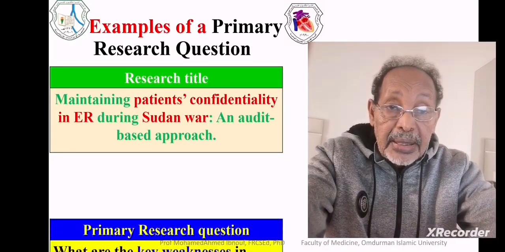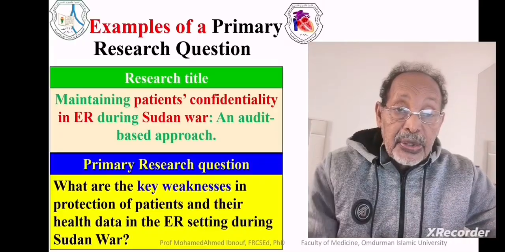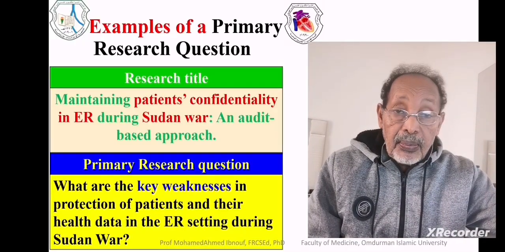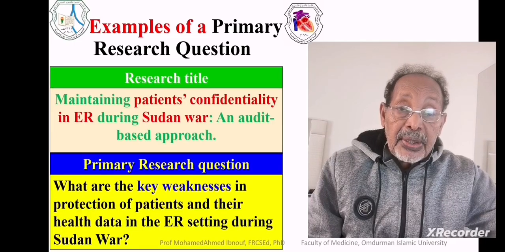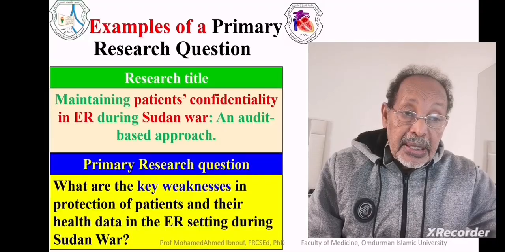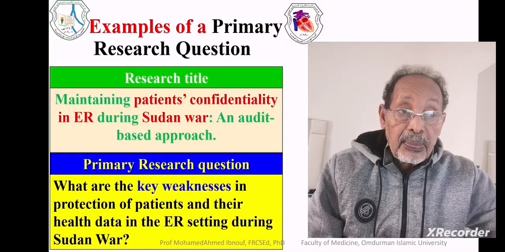And from this title, we can derive a primary research question stating: what are the key weaknesses in protection of patients and their health data in emergency room setting during Sudan War.